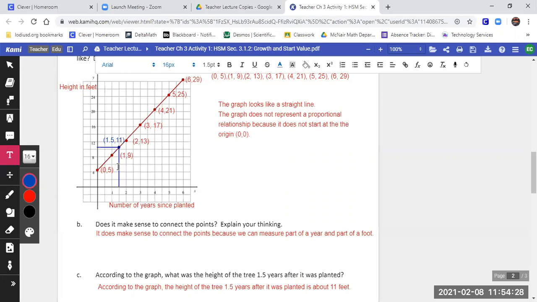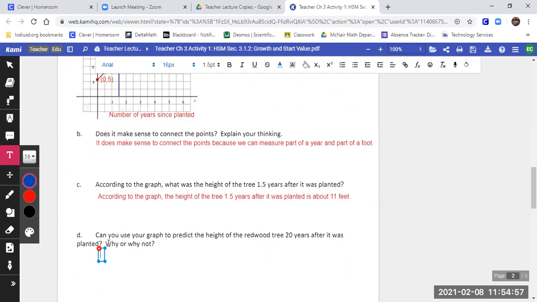No, why can't I? Why can't I use this graph to find the 20 year? Because it only goes up to year 6.